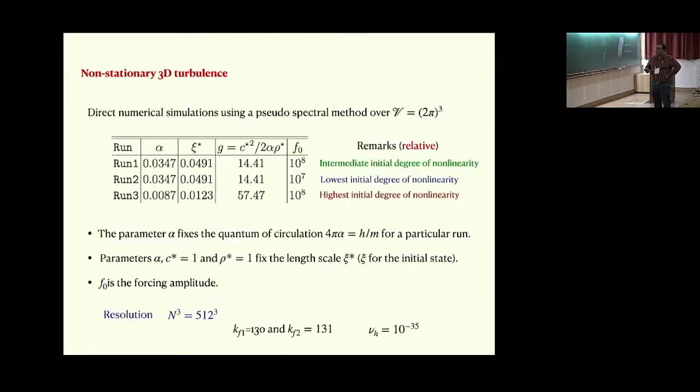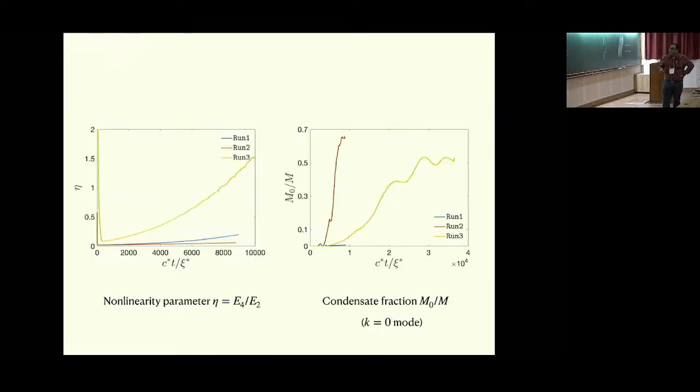So is it the case? Let's look at the temporal evolution of the nonlinearity parameter. You will see that it falls very rapidly for some initial duration. This is an artifact of the initial condition.